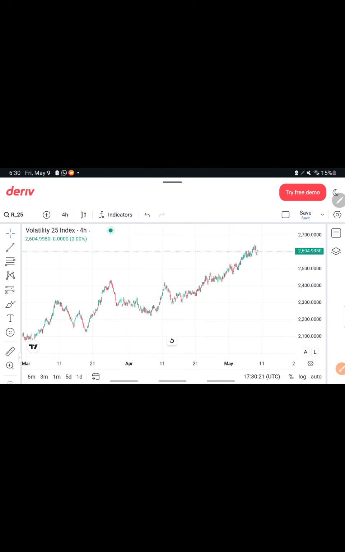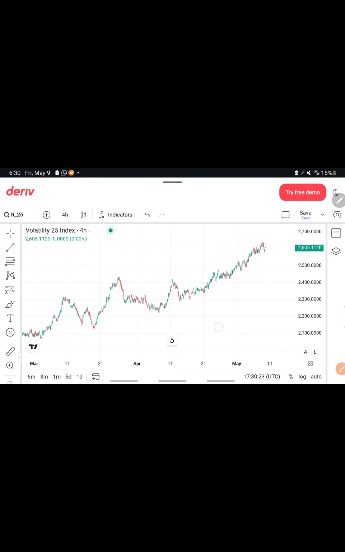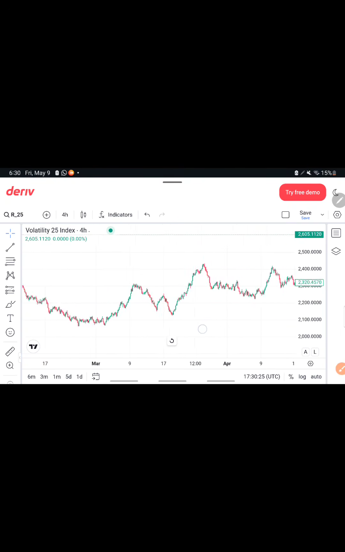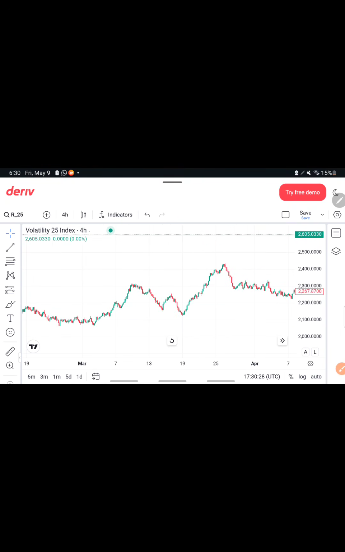On the 4 hours time frame, you can see this particular candle here. You can see that after the uptrend, the market came back and tapped this zone here, and then it started going up.